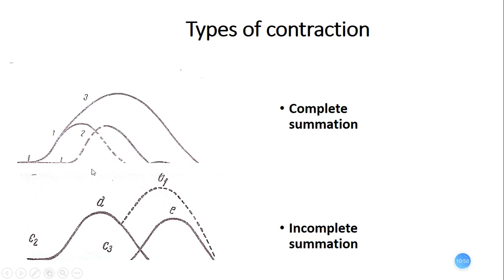And again, the summation curve is different from the simple muscle curve because the amplitude of the summation curve is much greater than the simple muscle contraction, and this is due to the summation of two contractions to give one single contraction. And again, the duration of summation is much broader than simple muscle contraction.